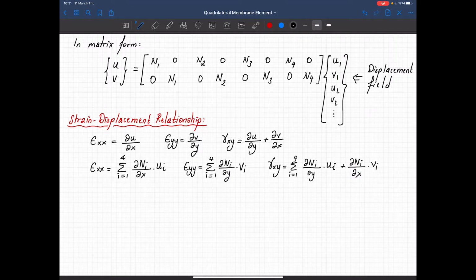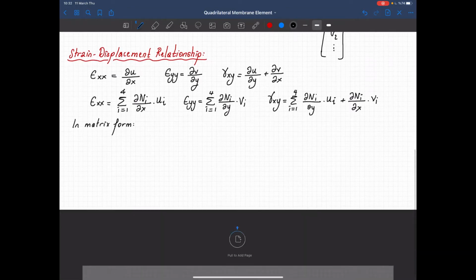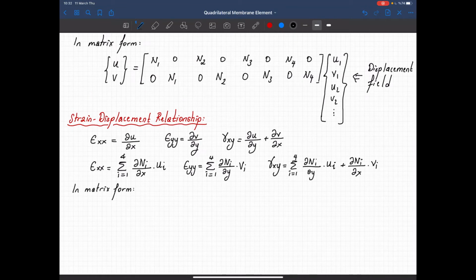So let's show these equations in matrix form. Here I have epsilon xx, epsilon yy, and gamma xy.